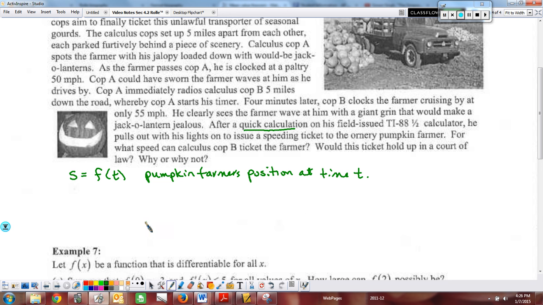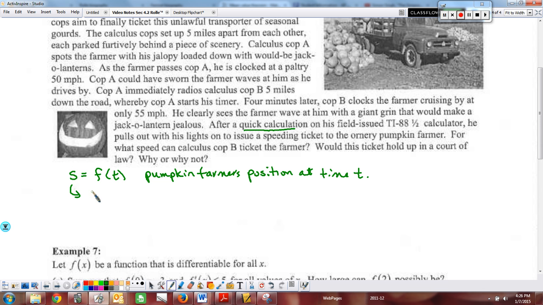Once we have this position function, we will calculate his average speed over the entire interval. Oh, let's first figure out if MVT applies. And if it does, we're going to calculate his average speed over the interval. Based on MVT, we know that at some point in the interval, he is guaranteed to have been going that speed. So first off, this is a position function.